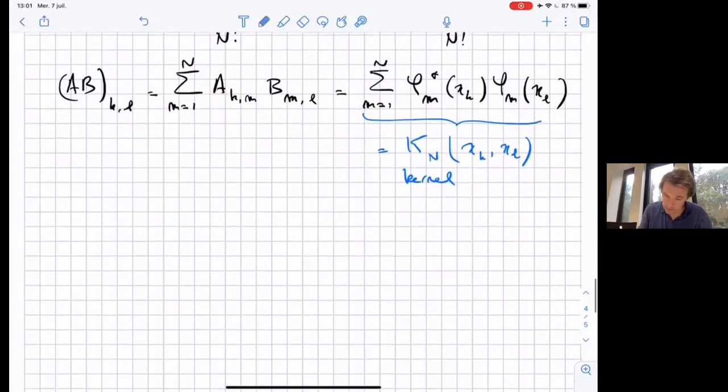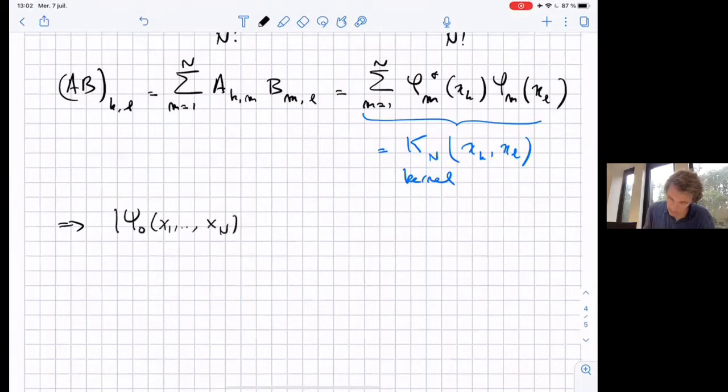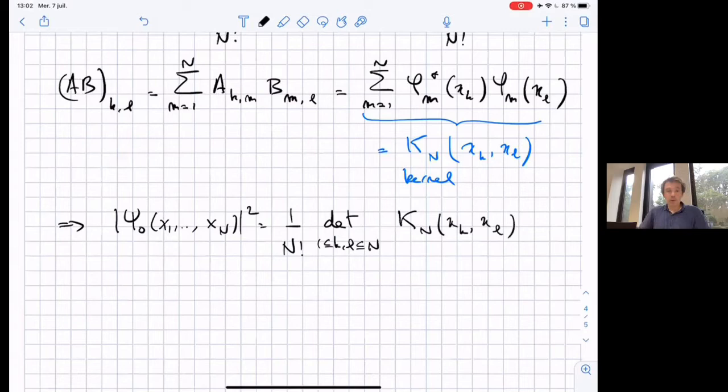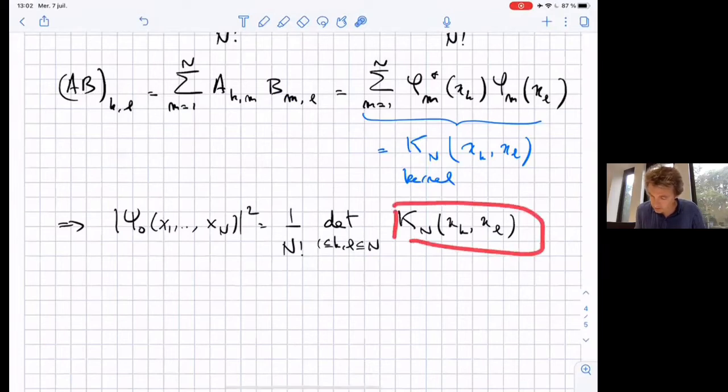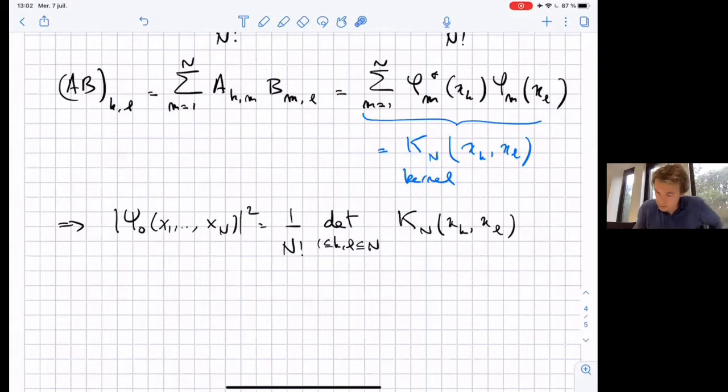So I can just rewrite the full joint distribution as 1 over factorial n times the determinant. That's nice, because it means the joint distribution is fully specified by this matrix, or an operator if you want, which is simply defined by this.